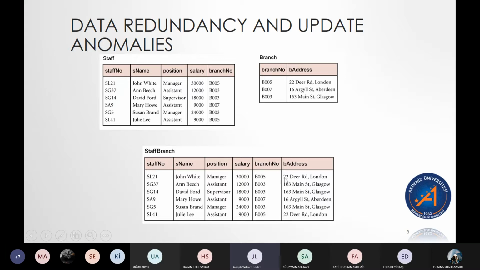Now you have an address for the branch that doesn't match the address for that same branch in another row. So which one is right? Well, just from the database, we don't know. We don't know which one is right just from the database. Right?